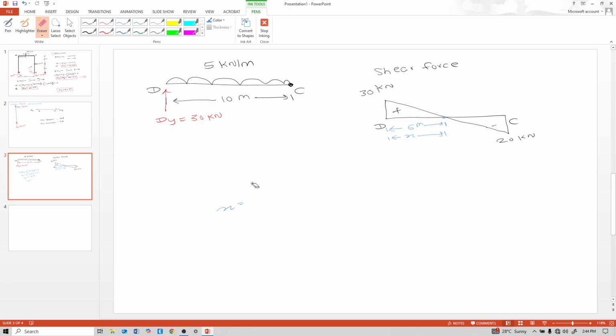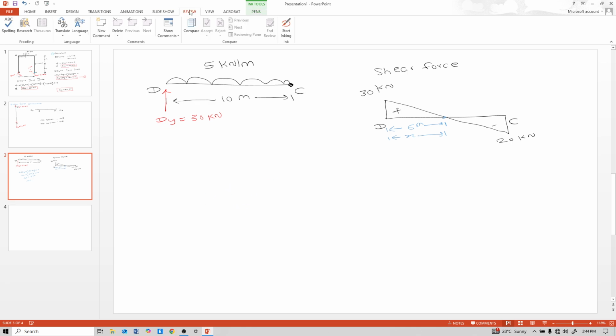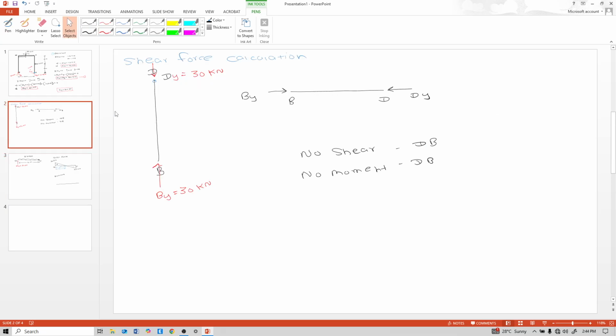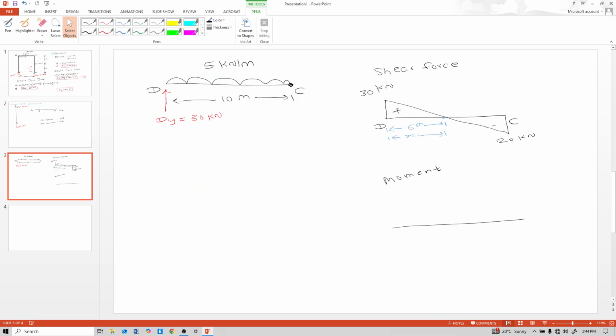Now calculate moment. At point D there is no moment, because Dy has no moment, so D also has no moment.